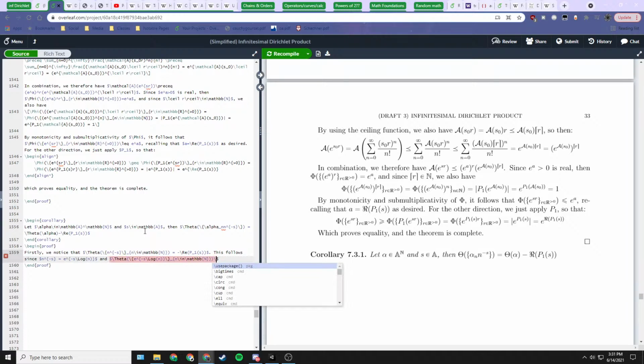This is less than or equal to, oh, sorry, okay. We have to do the theta to phi conversion first.